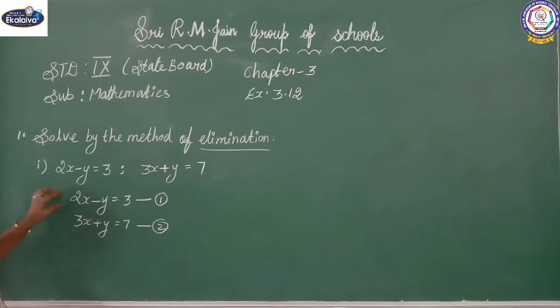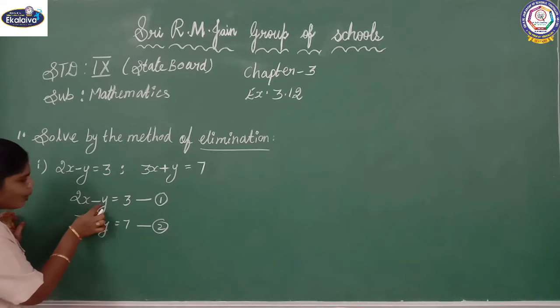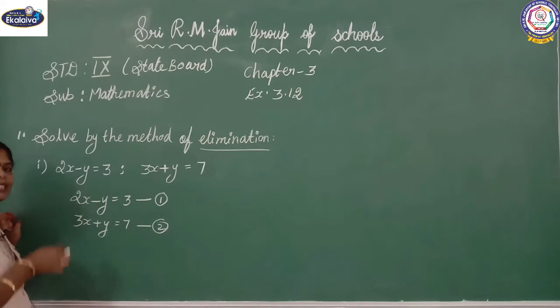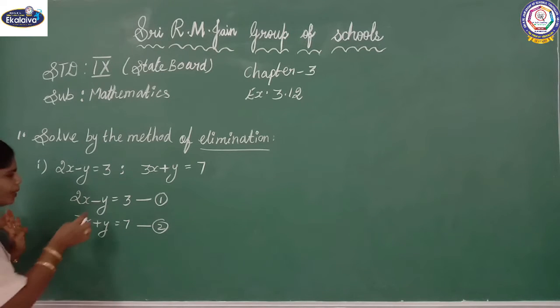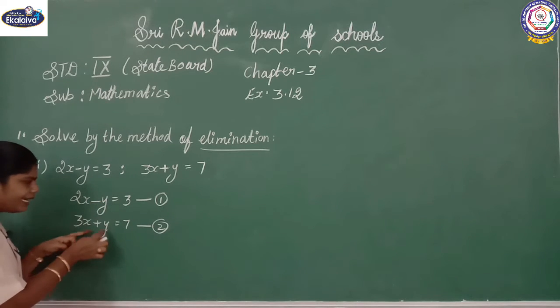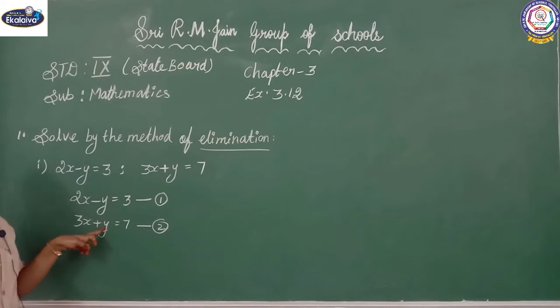You have to look at the coefficients of the equations. See the x coefficients, they differ. Here 2 is there, in the second equation 3 is there. See the y coefficient, here there is no number, which means it represents 1. In the second equation also the coefficient is 1. So both the coefficients are the same.